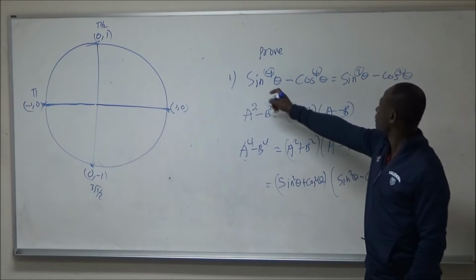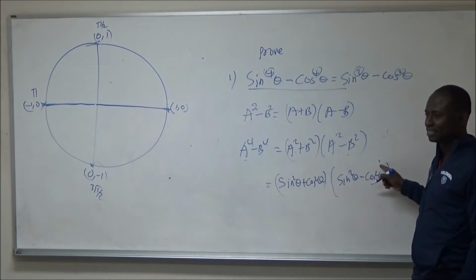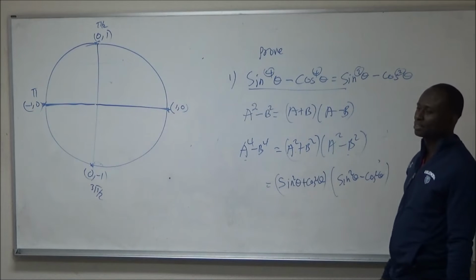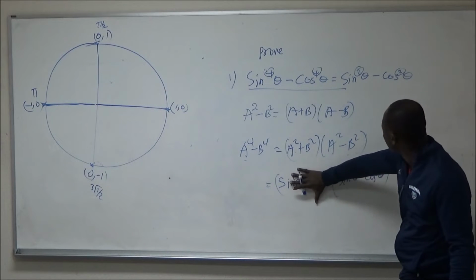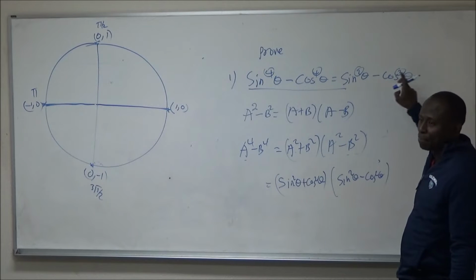That's what this expression is. But you have to remember that to get that. What is sine squared theta plus cosine squared theta? It's 1, right? So this whole thing is 1, and what are you left with? Sine squared theta minus cosine squared theta.